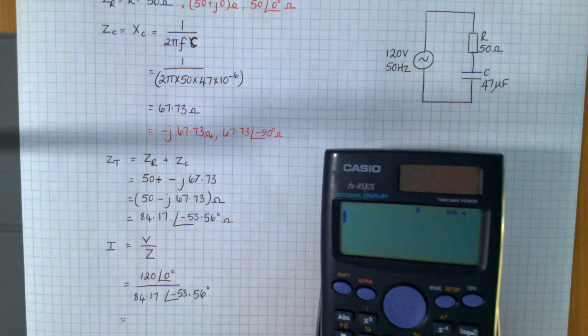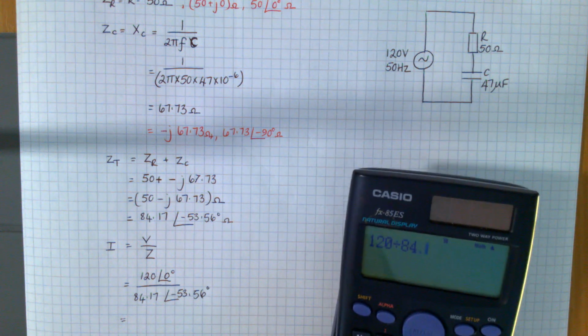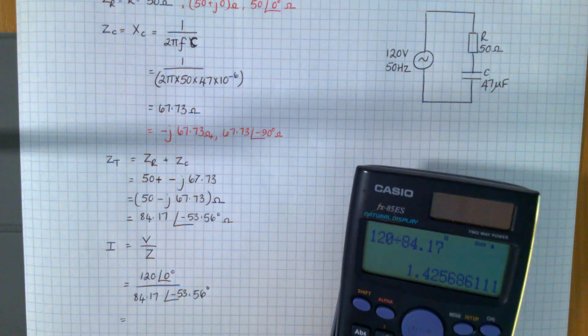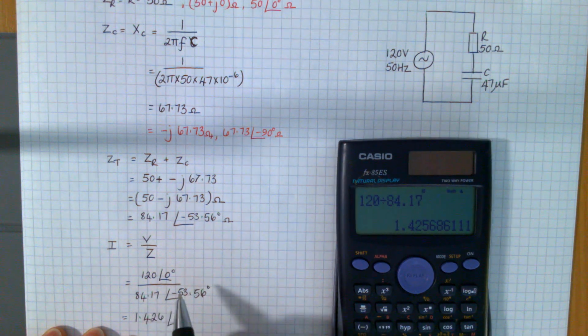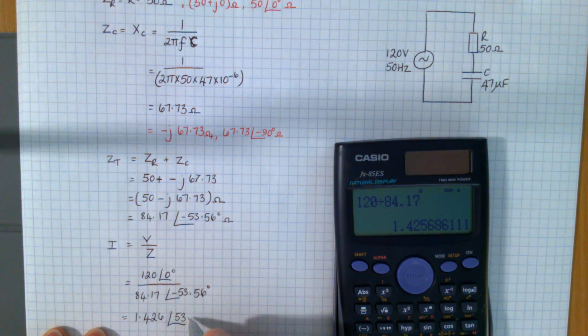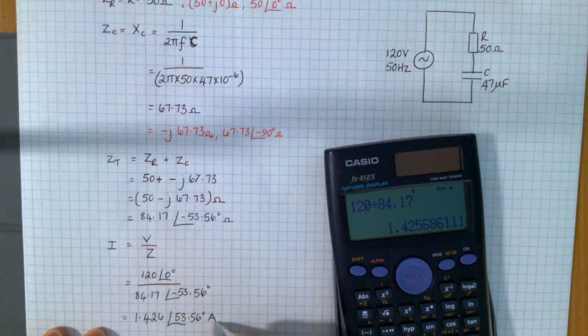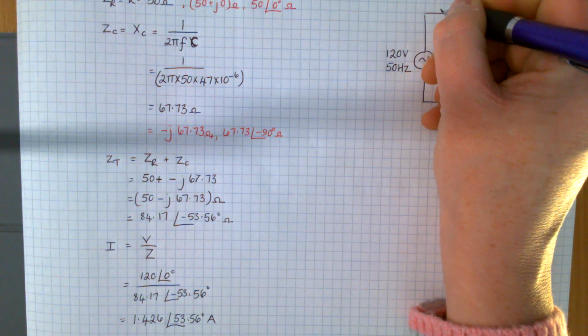Dividing your magnitudes gets 1.426, and your angle, 0 minus minus 53.56 gets you 53.56. And that would be your current. So if you're labeling that and drawing, that would be your current there.